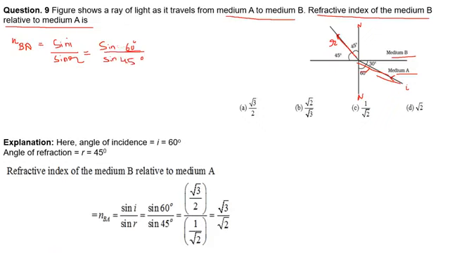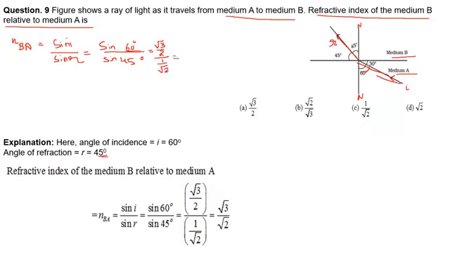Sine 60 divided by sine 45 degree, right? So what is sine 60? The value of sine 60 is root 3 upon 2. And what is sine 45? Sine 45 is 1 upon root 2. So we need to solve this.